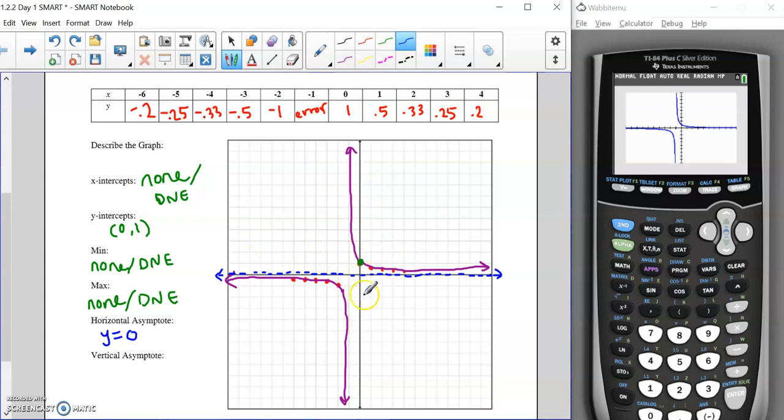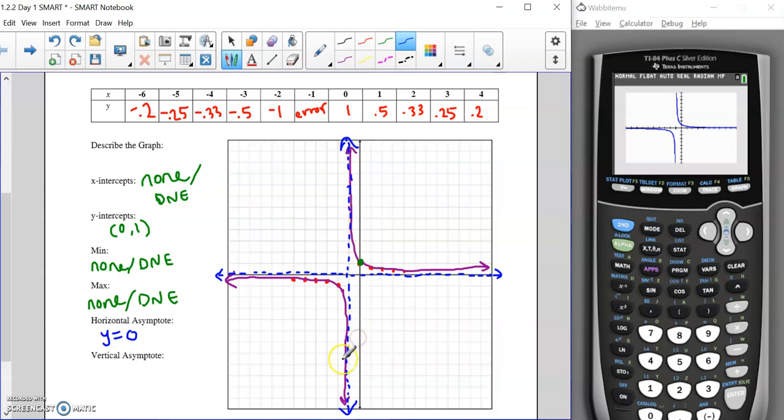The vertical one, remember how our graph was never crossing that -1 tick mark? That's because we have a vertical asymptote at -1. All right. Struggling, but you know, you get the point.